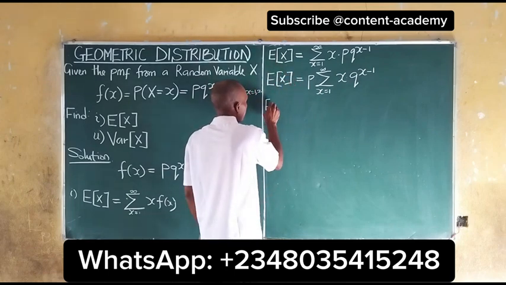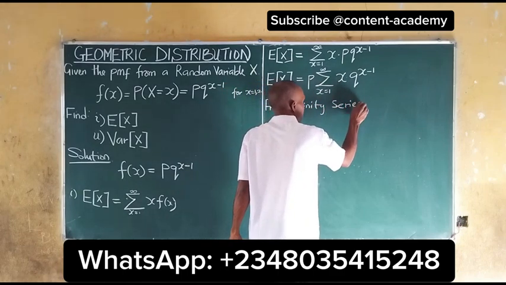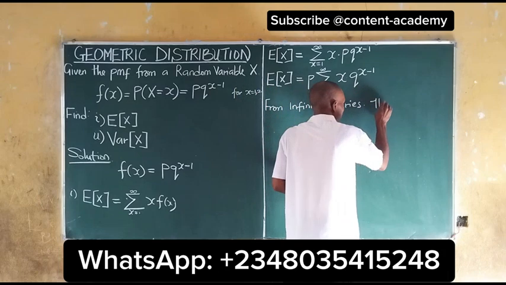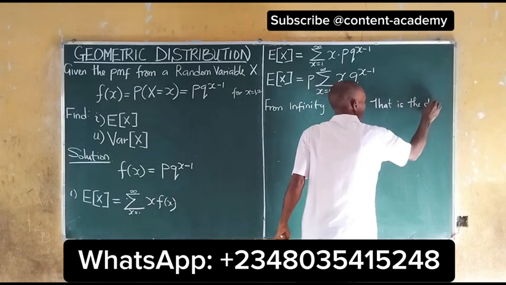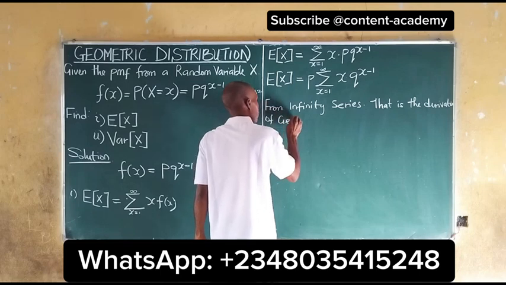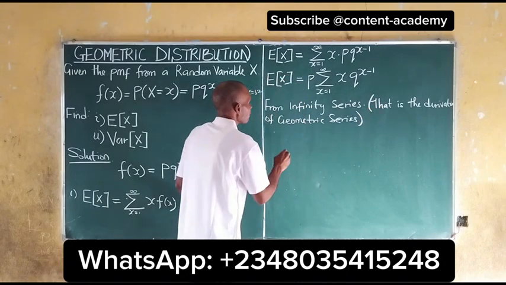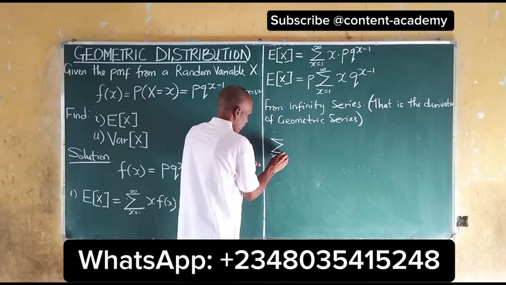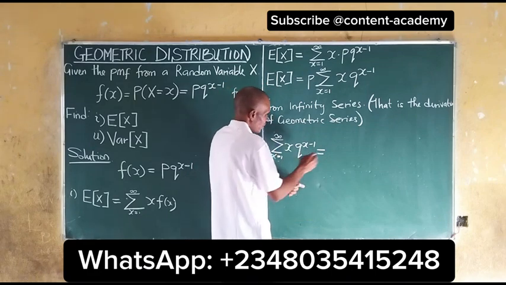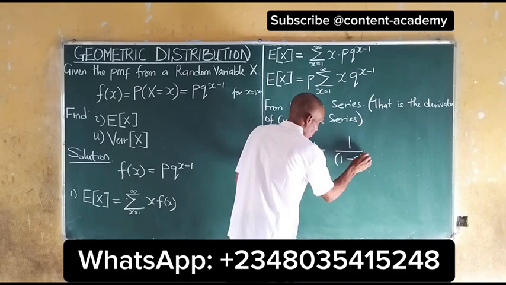But we'll recall that from the derivation of the geometric series, we have that the summation as x ranges from 1 to infinity of x q^(x-1) is equal to 1 all over (1 minus q) raised to the power of 2.